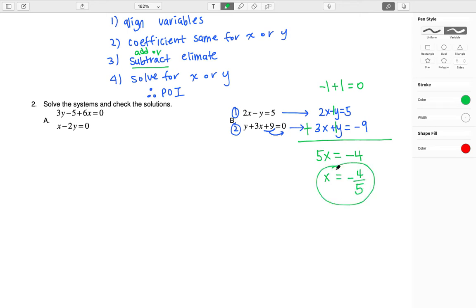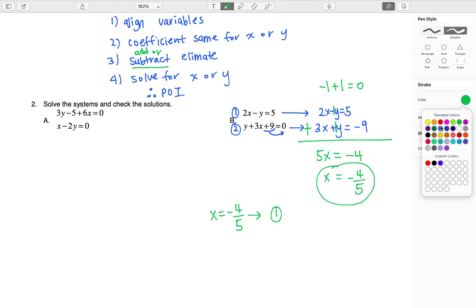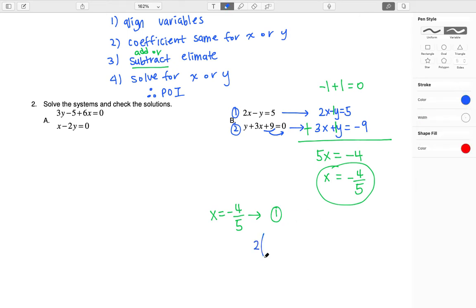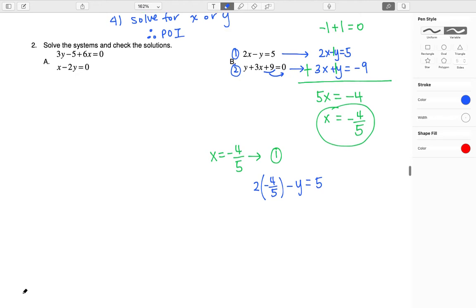So we found x. Now, to find y, we can plug it into equation 1 or 2. So let me plug it into equation 1. So therefore, it's going to be 2 times negative 4 over 5 minus y equals 5. So we're solving for y.